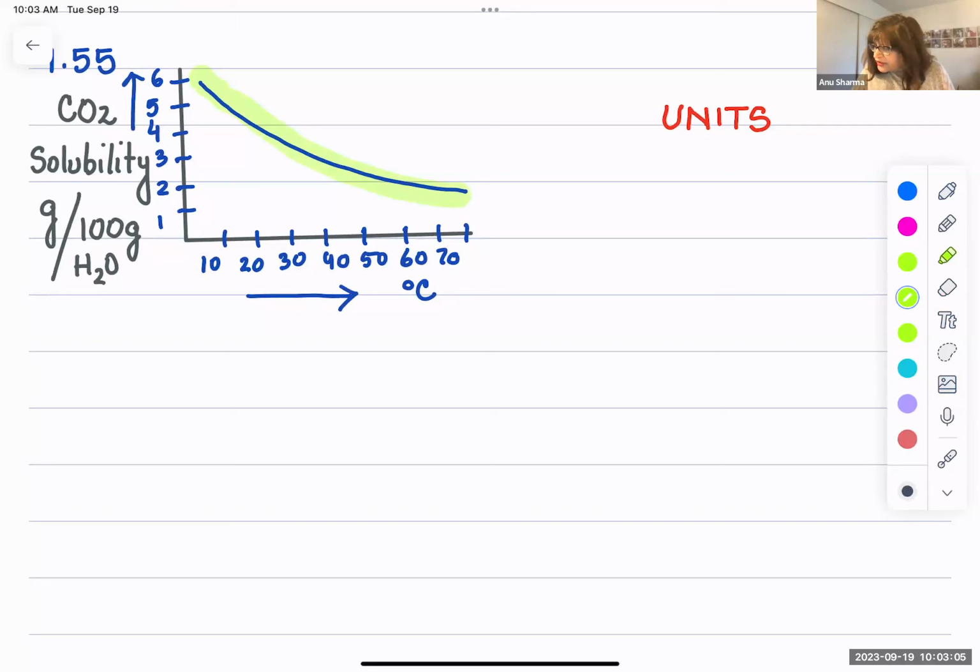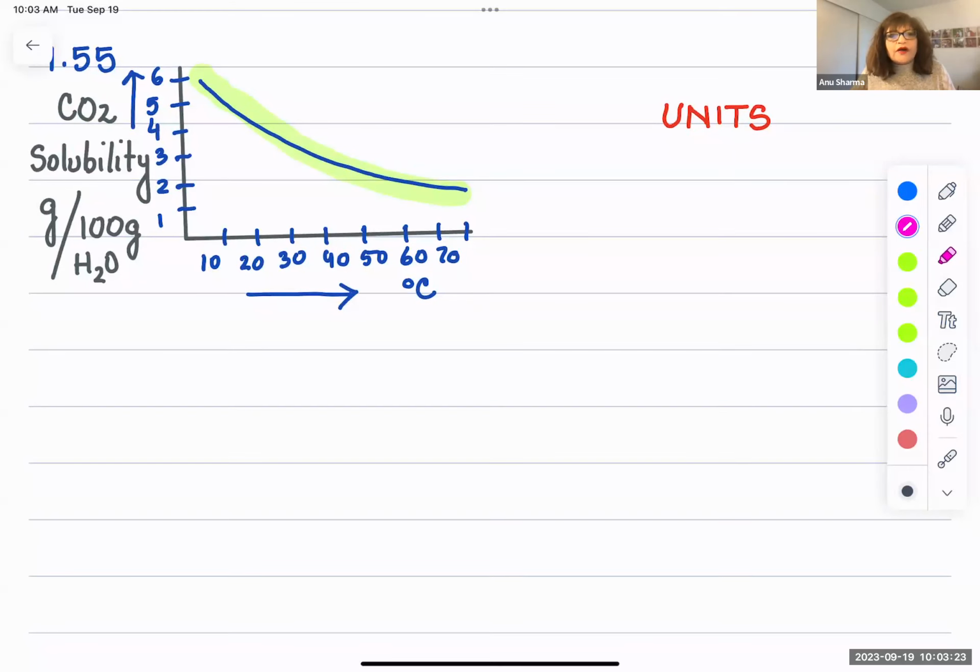And let's say on the exam, or on an experiment, you are only able to gather some data points, but for the other ones you will have to use the graph to interpret. So let us say room temperature, what is the solubility of carbon dioxide in 100 grams of water at room temperature? Room temperature will be somewhere here. It's 26, okay? 26 or 25. So you go up like this, keep going up, and go back to check.